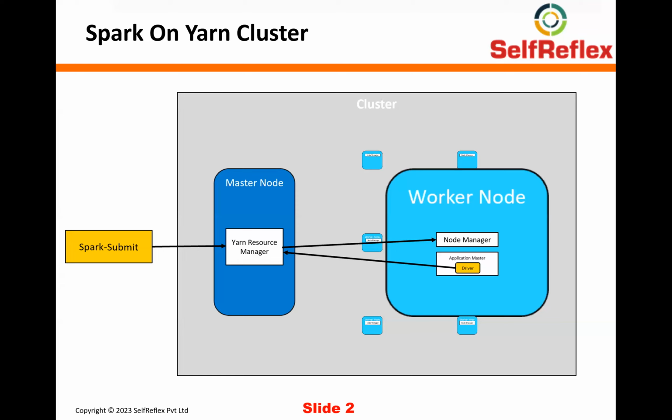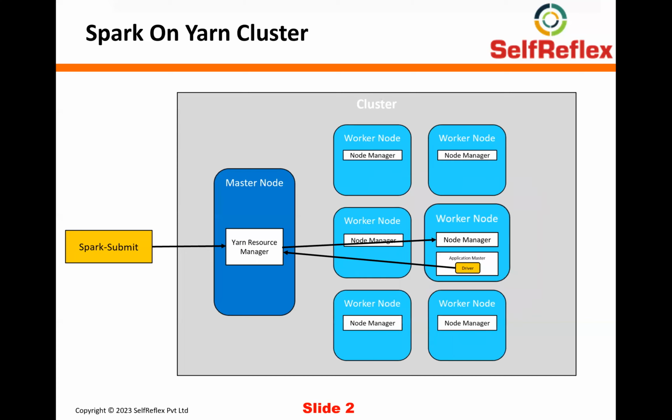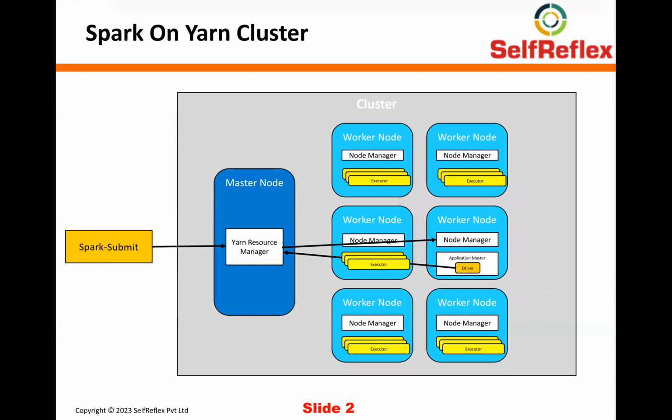The Yarn resource manager gets that request from the driver and launches multiple executors on various worker nodes, or possibly the same worker node, depending on where resources are available.